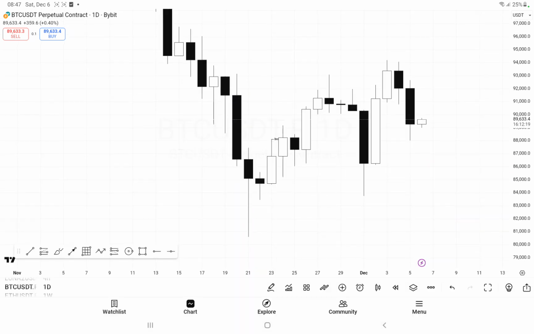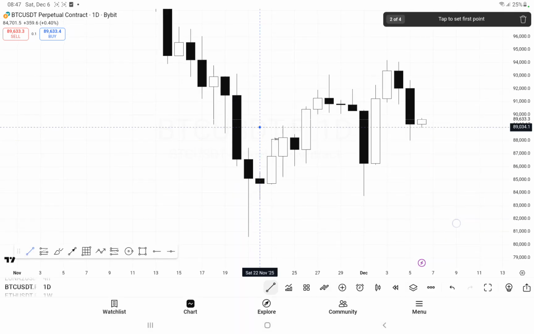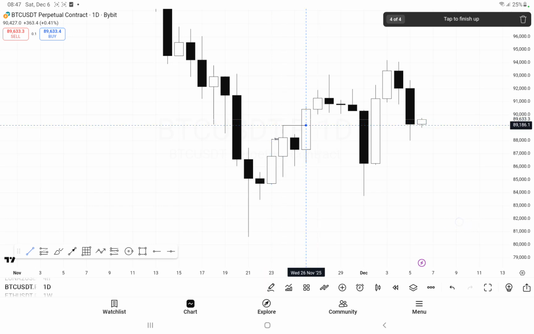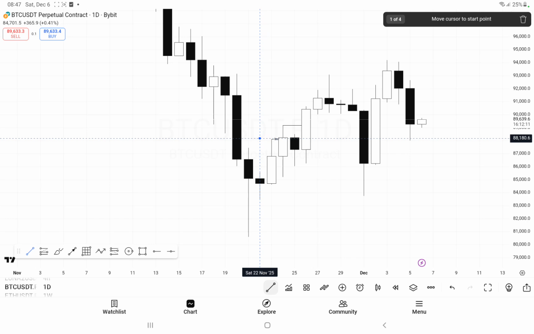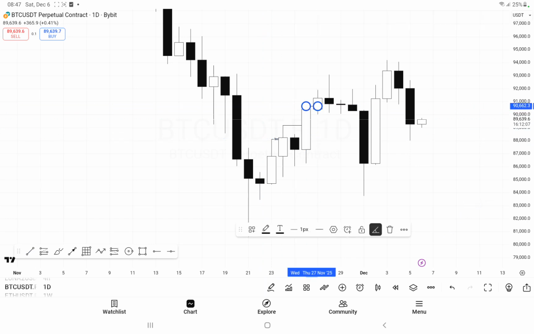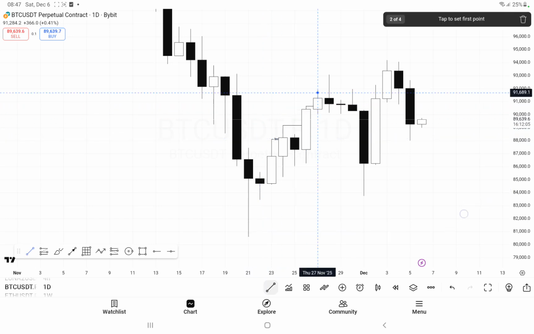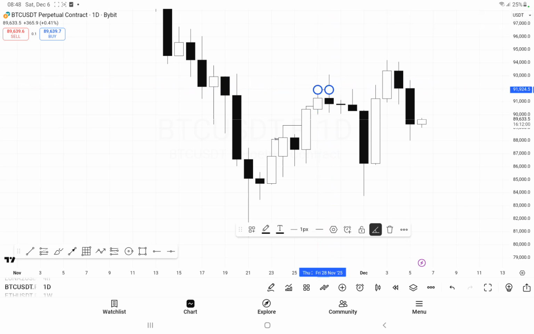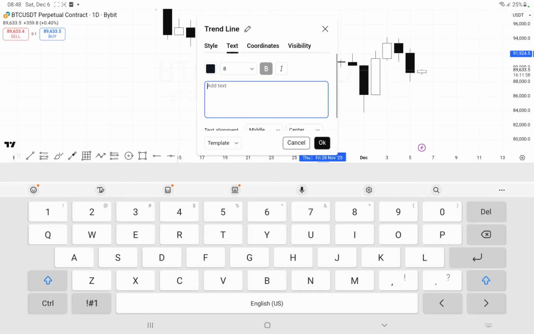From this candlestick here to this next candlestick is also a break of structure. From this candlestick to the next candlestick is also a break of structure. But from here to this next one is an invalid break of structure.